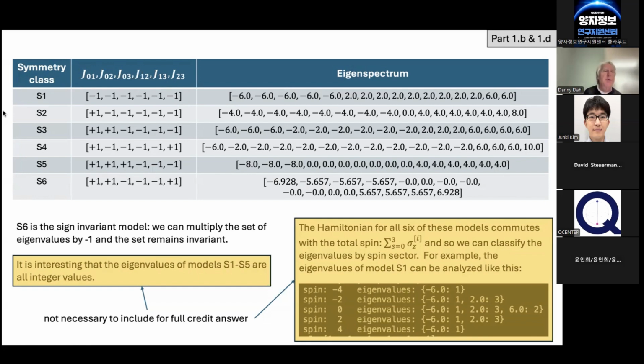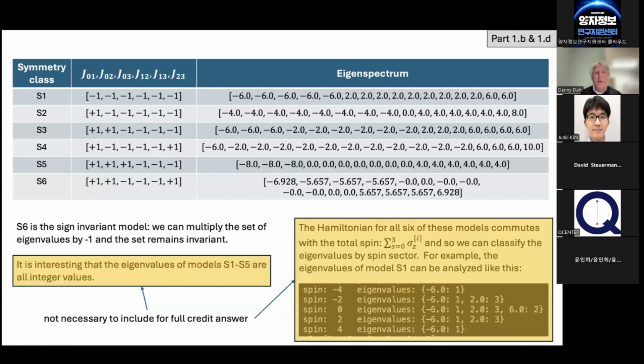Okay, I'm going to keep going. For each of the six symmetry classes, I'm listing the Jij coefficients, and then this is the eigenspectrum. You'll notice that the eigenvalues typically are repeated, and that's very important. So you need to count the repetitions of the eigenvalues. If two of the eigenspectra match, but the degeneracies do not match, then I would not say that they actually match.